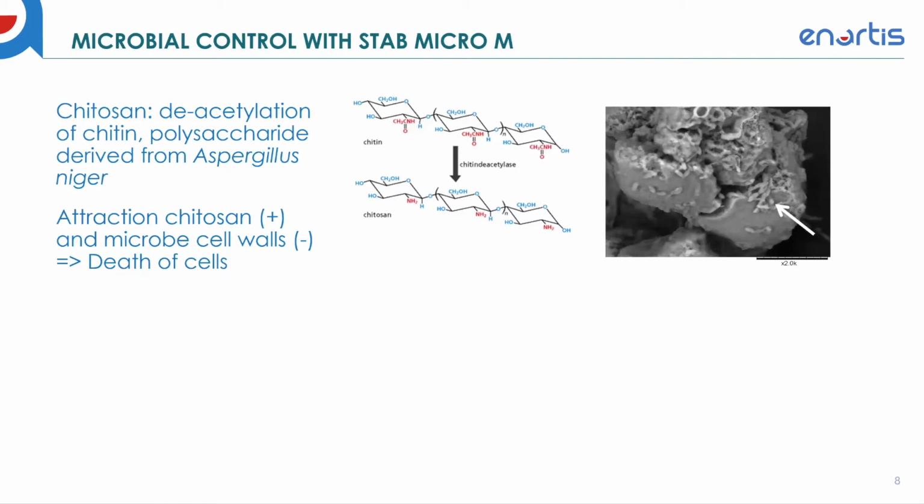In this electron microscope picture, chitosan is zoomed in, and you can see little specks on this larger asteroid-looking thing. The asteroid-looking thing is chitosan, and the little specks are actually Brettanomyces. The way it works is it attracts the cells to the surface of the chitosan and basically pops little holes in the bacteria and kills them.